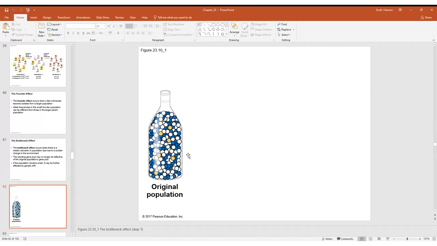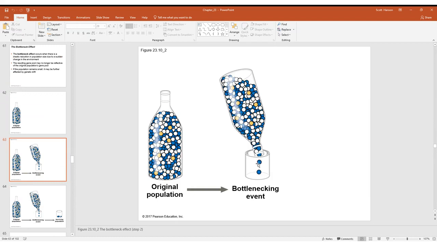So let's say you dump out just a few of the balls at random from the bottle. So a bottlenecking event happens, and let's say you dump out only 6 balls, and lo and behold, you've got 5 blues and 1 white. So basically, right at this point, this bottlenecking event eliminated the yellow alleles from the population that's left over.